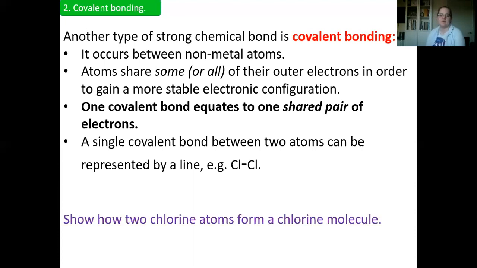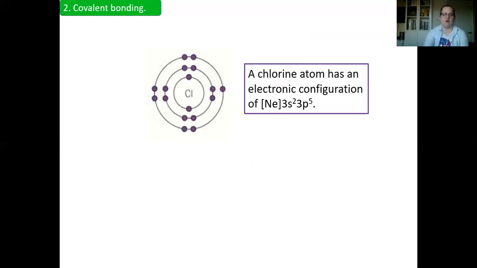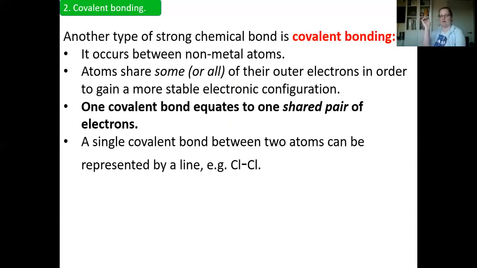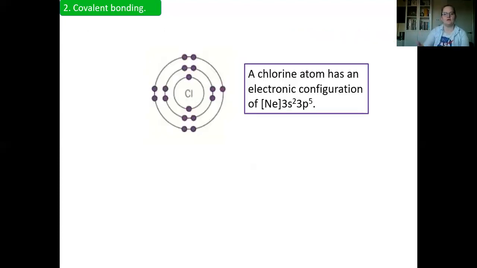I haven't got it on here, but for example, if we're going to draw it with a double bond, it would be your two atoms drawn with two lines, and for a triple bond, your two atoms drawn with 3 lines. So here we go. We've got a chlorine atom.